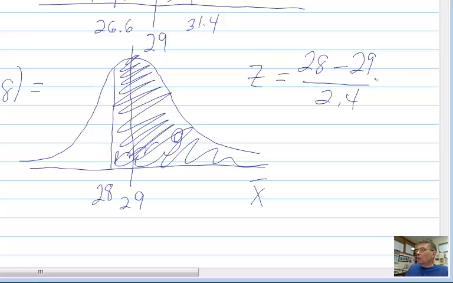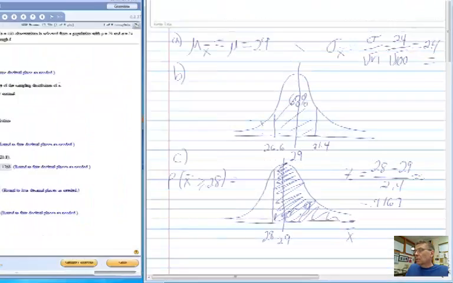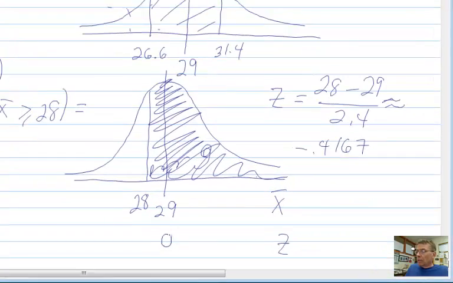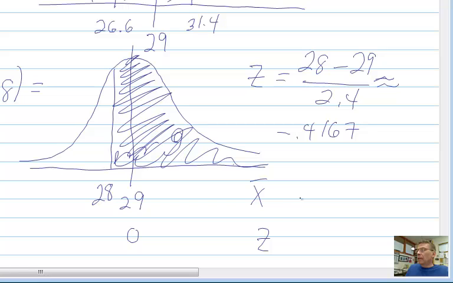If I do that calculation, I get a value which is approximately minus 0.4167. So the way to think about this is that I'm going to convert this problem in the x world to a problem in the z world. I'm interested in the x bar world, knowing how much area is to the right of 28.